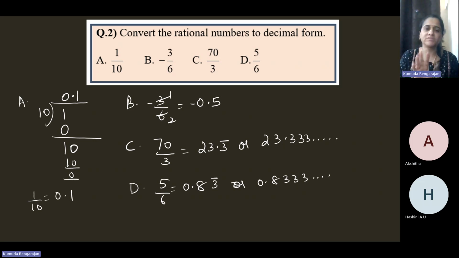No. If a number is negative, it will always be negative. You cannot make it positive. This is not exponents. Here in rational numbers, if something is negative, it will continue to be negative. It cannot become positive. Okay.